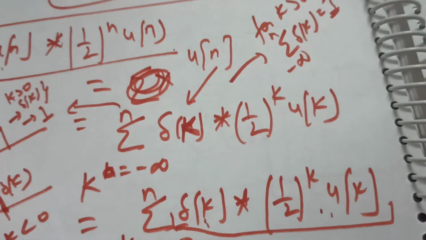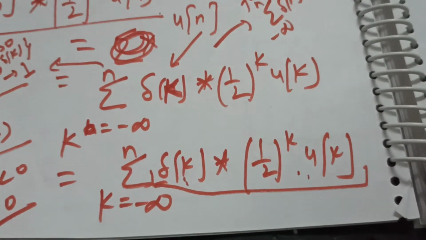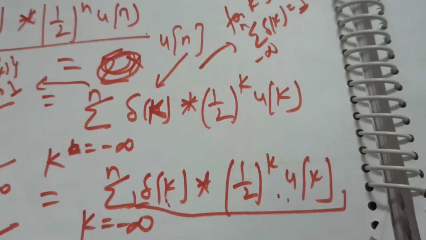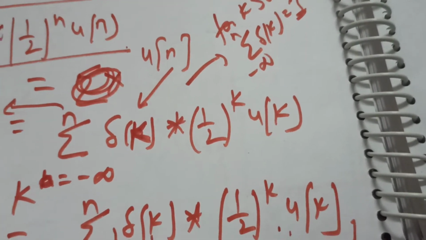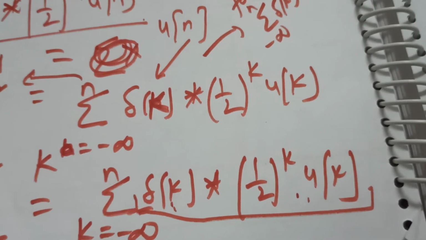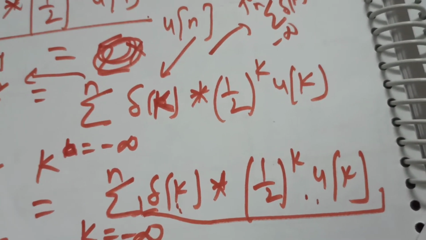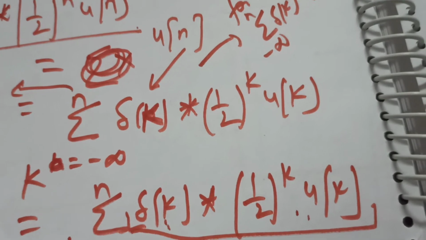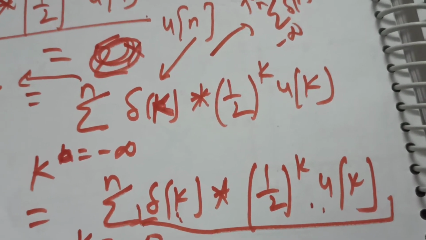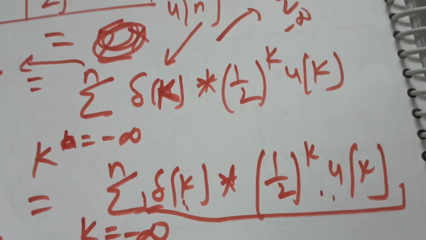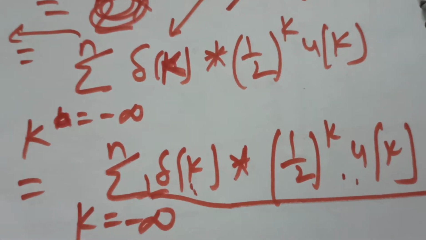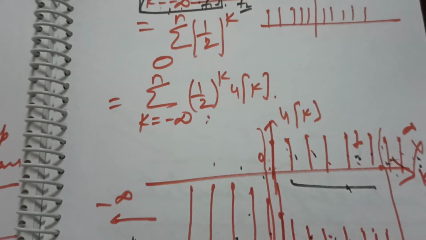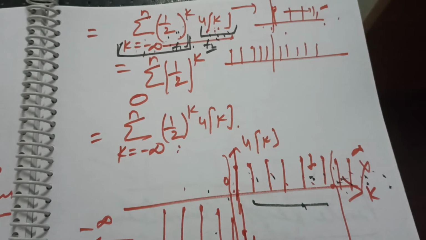Now again, coming to the summation over k equals minus infinity to n, the convolution of (1/2)^k u[k] with delta k. Now we have to plot (1/2)^k u[k]. One very important thing is that k will be varying from minus infinity to n because it is being convolved.